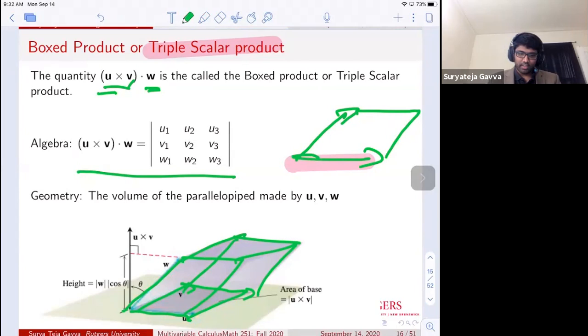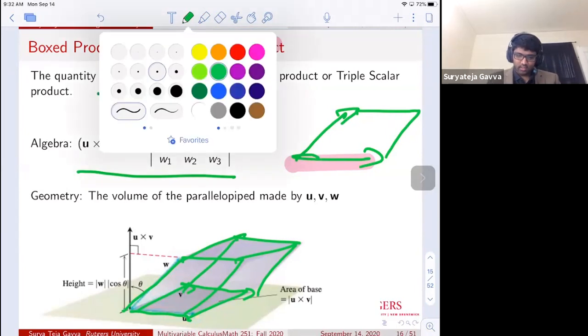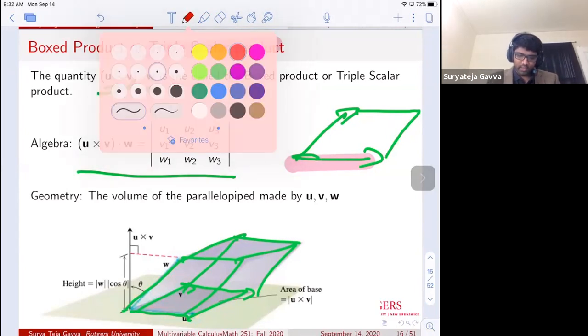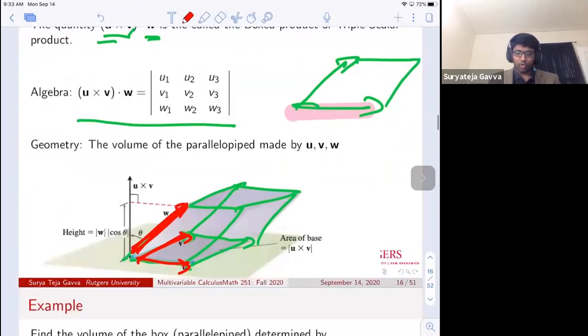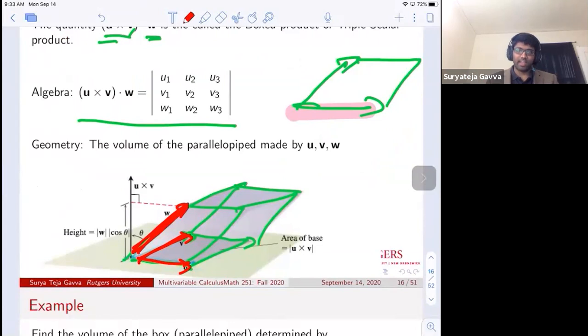Okay, my basic vectors are these. Any three vectors give you this shape, and you want to know the volume of that shape. The volume of the shape is the area of the base times the height.